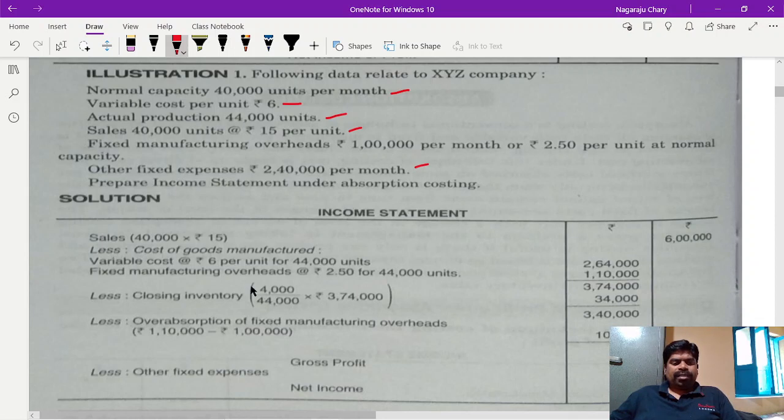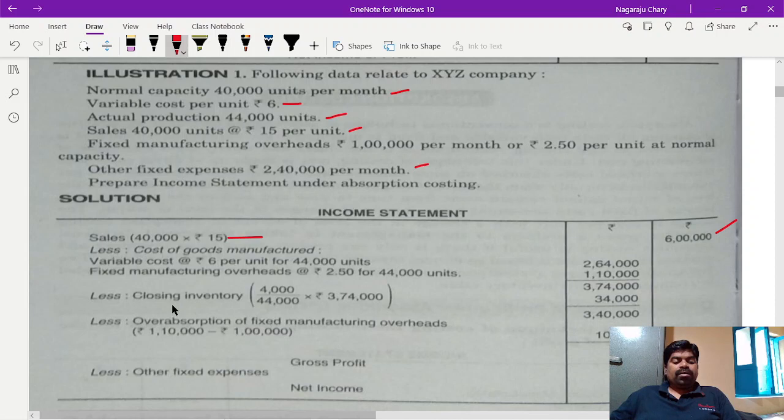So let us take sales first. Sales are 40,000 units at 15 per unit. So you see sales is 6 lakhs. From that we have to deduct cost of goods sold, as we just discussed.